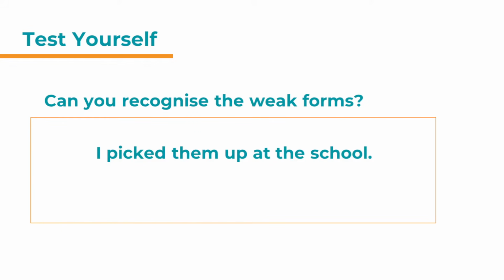Let's have a look at one more sentence. Can you recognize the weak forms? I picked them up at the school. The words that are stressed are picked, up and school. Those carry content and information. The rest is likely to be reduced and will occur in its weak form.